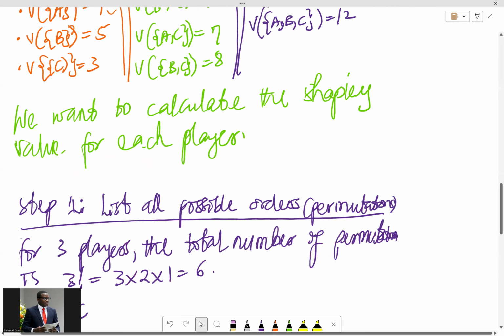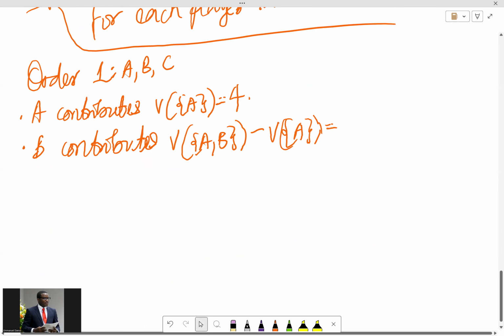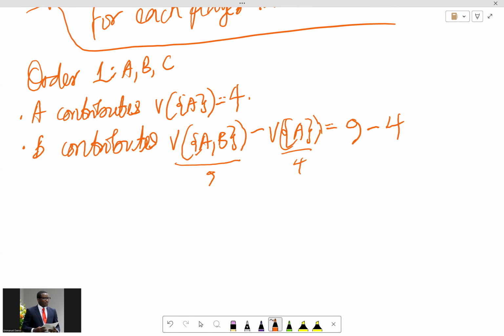V of A, comma B is 9. So this is 9 minus 4, and that is equal to 5.